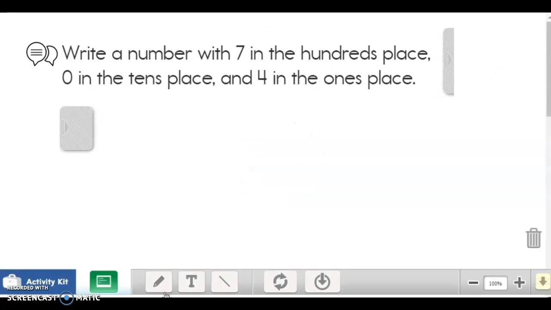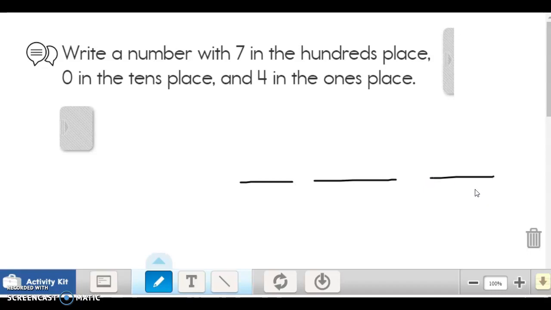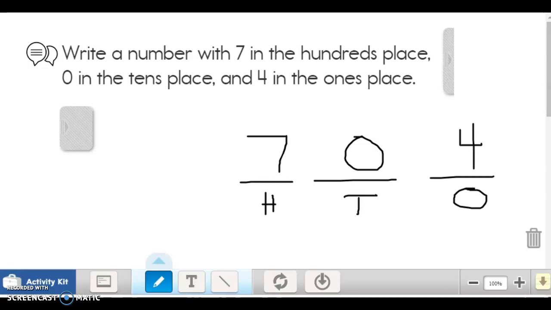Write a number with 7 in the hundreds place, 0 in the tens place, and 4 in the ones place. And I'm going to do ones, tens, hundreds real quick and fast for us. 7 in the hundreds place, 0 in the tens place, 4 in the ones place.